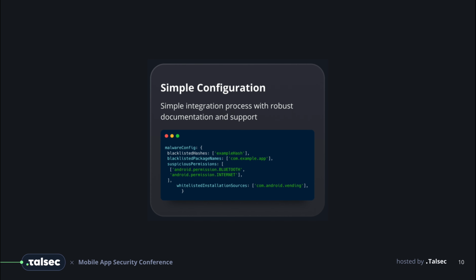You can see an example hash, a package name example, and under permissions, boot and internet, and whitelisted installation sources as an example, because it's quite common that a lot of people install applications from alternative stores or direct APK installs. You may decide that you think that is okay. We don't make this decision for you. It's up to developers to decide what they want to trigger and what they consider safe.